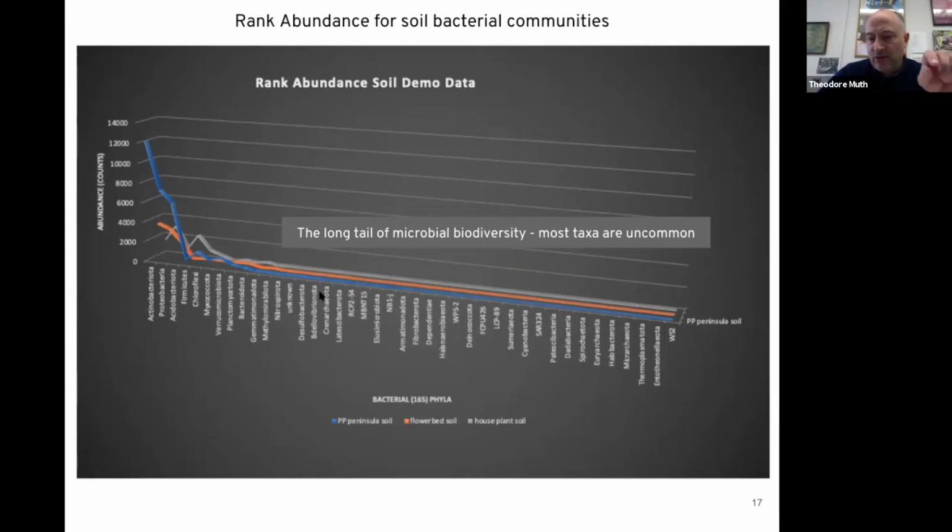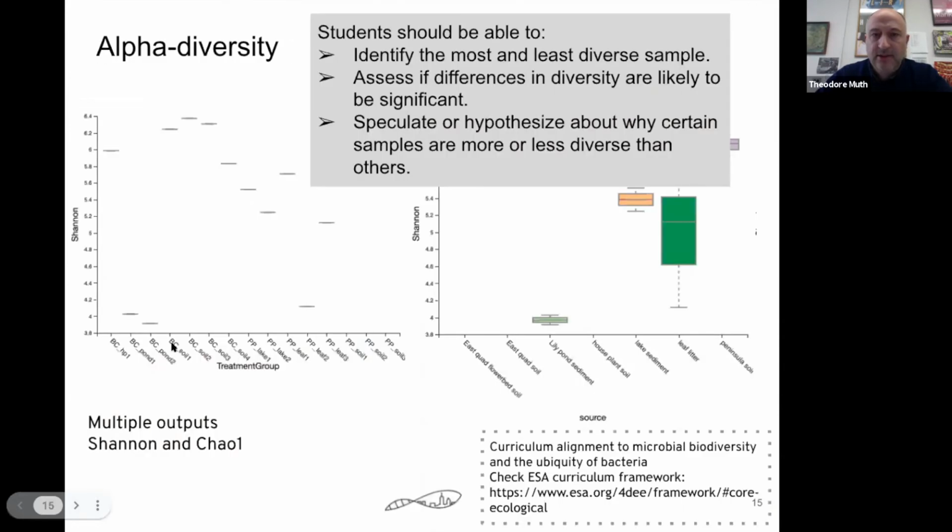Other than making those interpretations, when you're looking at this Shannon diversity plot on the right, you can make those assessments visually by looking to see if there's overlap or not.